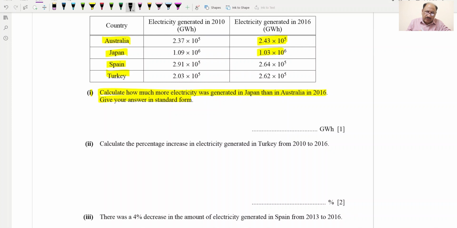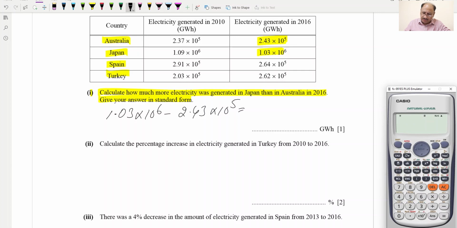It will be 1.03 multiplied by 10 raised to the power 6 minus 2.43 into 10 raised to the power 5, and this results in 787,000.